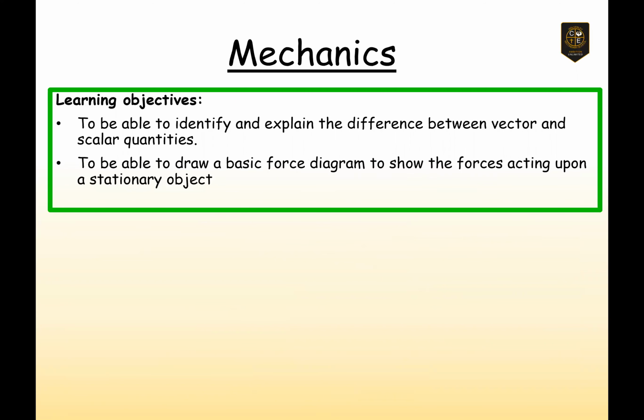Now, in this video, looking at the start of mechanics, we're going to be looking at the difference between vector and scalar quantities, and may even have a look at drawing some basic force diagrams as well. To start with though, let's have a look at fundamental quantities. So fundamental quantities are all of the things that we can measure. So for example, length, you might use a meter ruler to measure how long a table is.